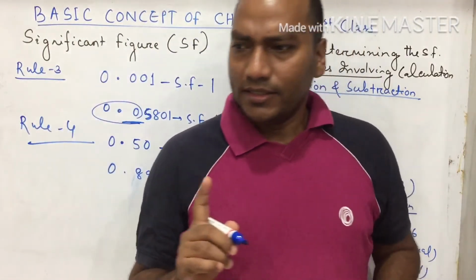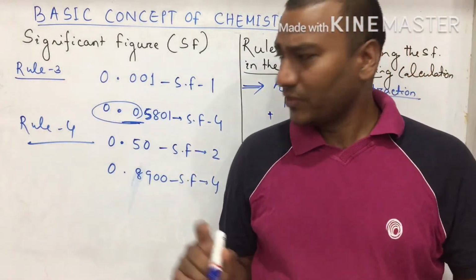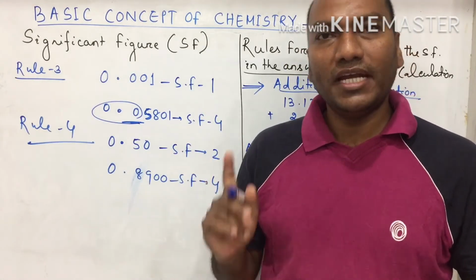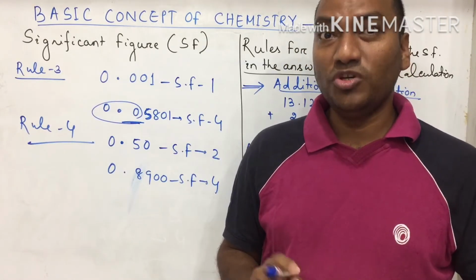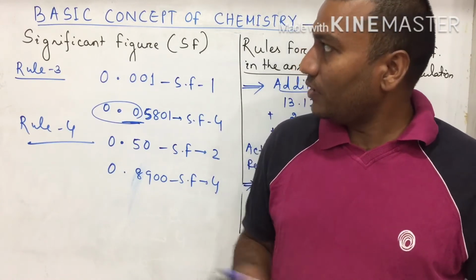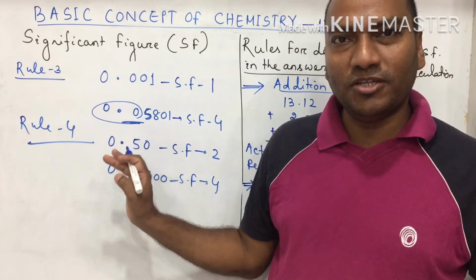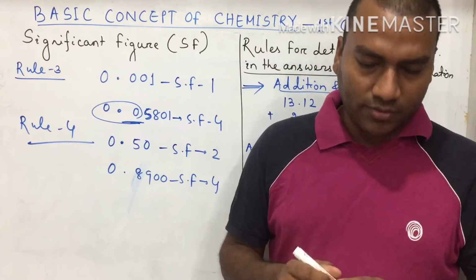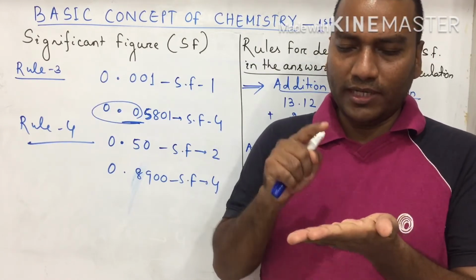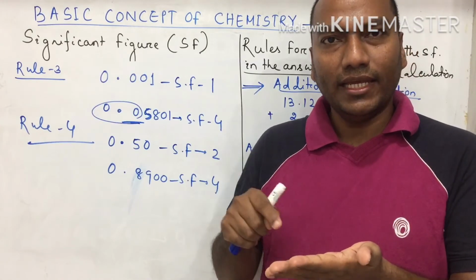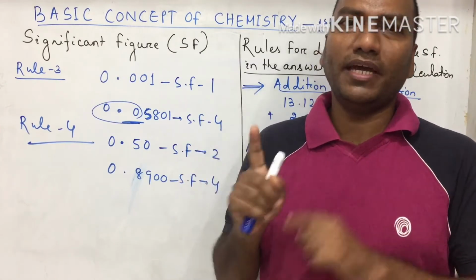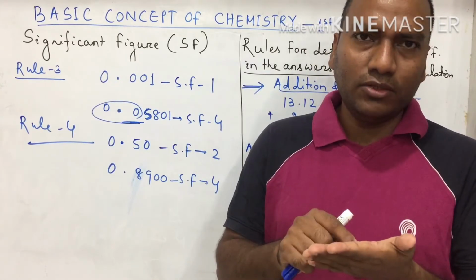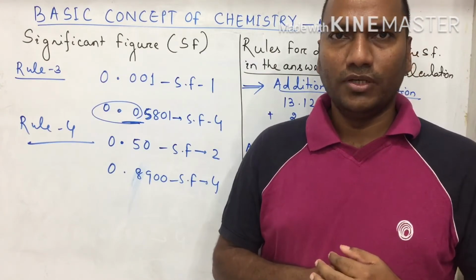Listen, one simple question. These are actually the mathematical part, not chemistry. If I ask, 0.5 and 0.50, which is greater, or are both the same? According to this format, 0.50 is greater than 0.5. Why, sir? Suppose you take a calculator. If you type 10 by 2 equals 5, the exact value will come. Similarly, if you take 22 divided by 7, and your calculator is an 8-digit calculator, 8 digits will come.